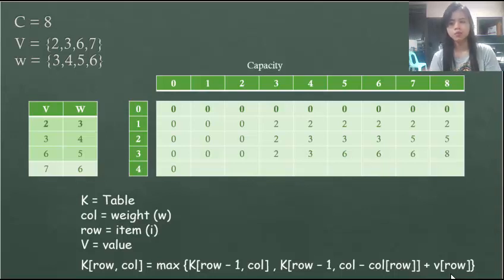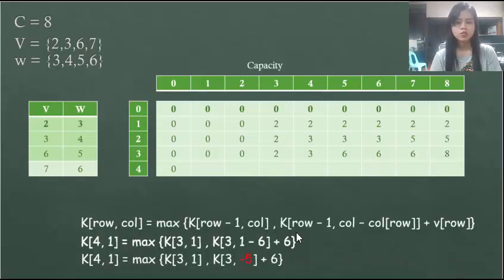Let's use the formula to fill up the values. So we substitute the values of row and col into the formula. So this is the output. As you can see, there's a negative 5 there, and there's no location that has a negative value. And this value will become undefined. So only the value will be defined if it becomes the array of 3, 1.